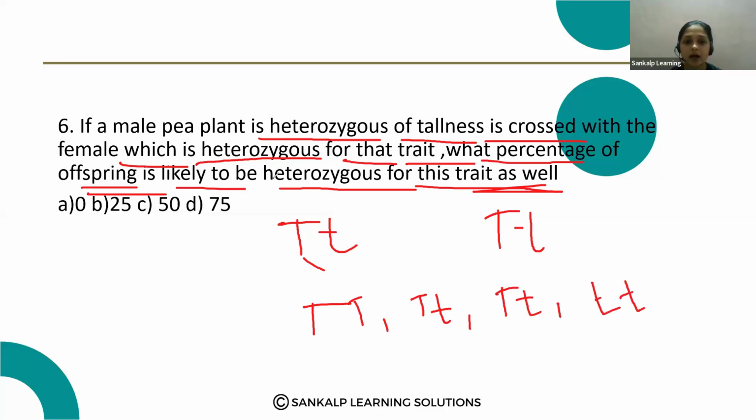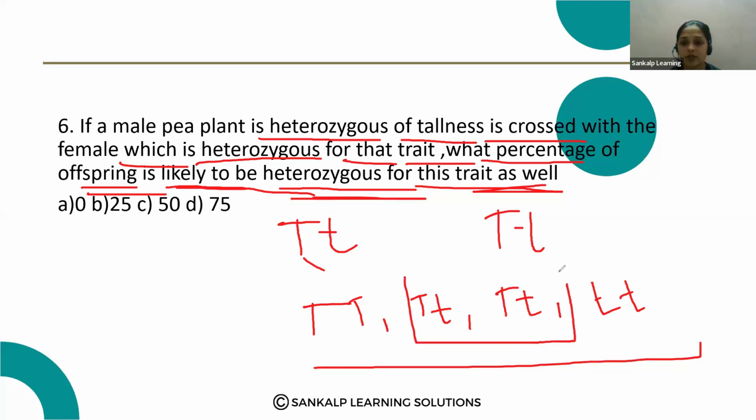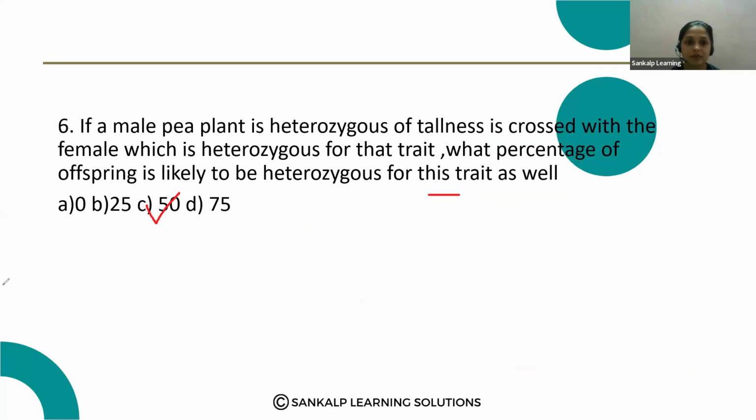So the offspring likely to be heterozygous: if four offspring are formed in total, two are in the heterozygous condition, so out of 100%, 50% of these offspring are heterozygous. The correct answer is C.